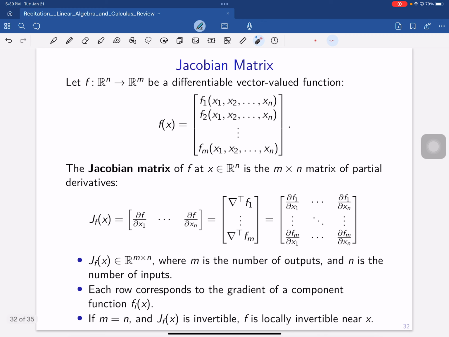And then you have in total m different functions. And then if m equals n and Jf(x) is invertible, then you know that f is locally invertible near x, okay?